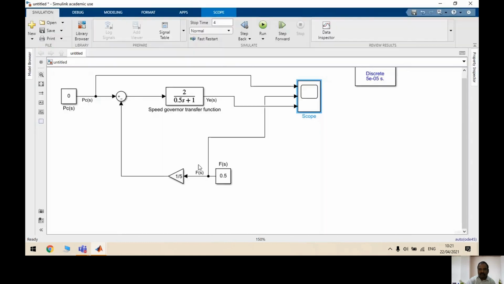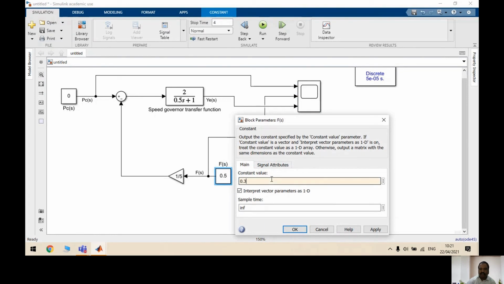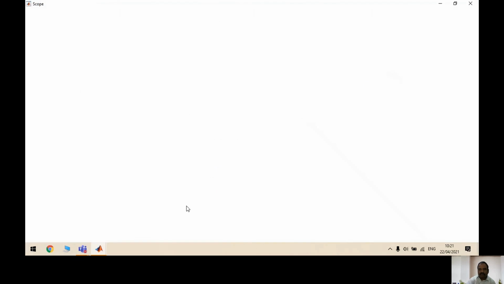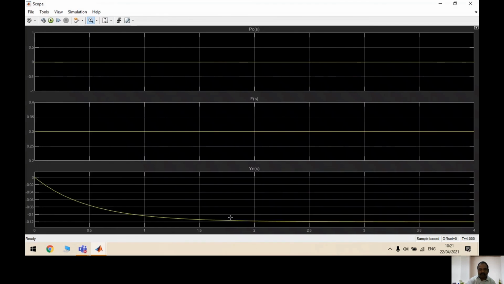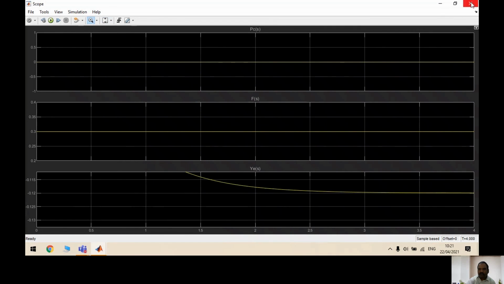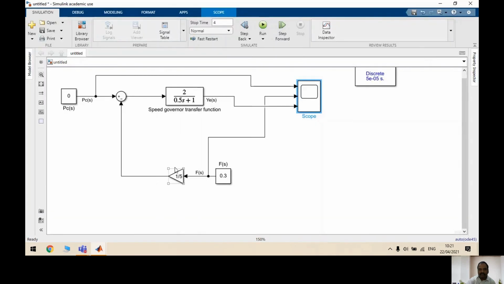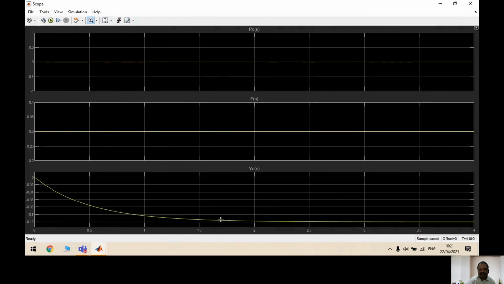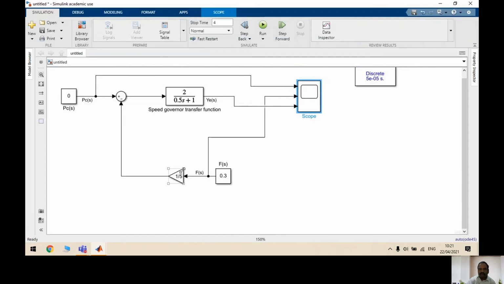Earlier, when we had kept 3, the value was 1.12. Now it is 0.2. So the higher the regulation, the higher the value of R, the lower the steam setting will be. If R is increased, this value will go down, isn't it? So this is one thing.